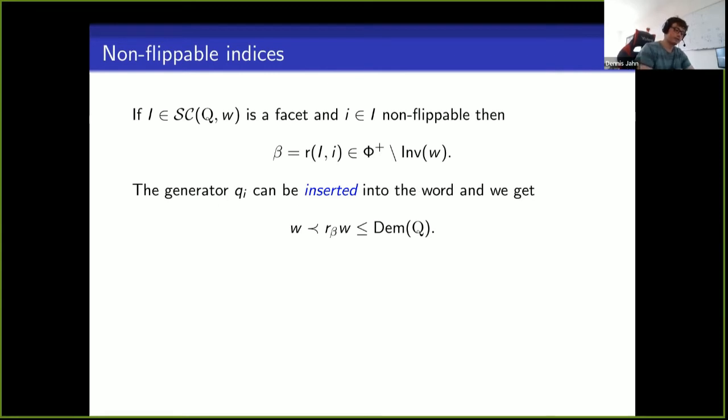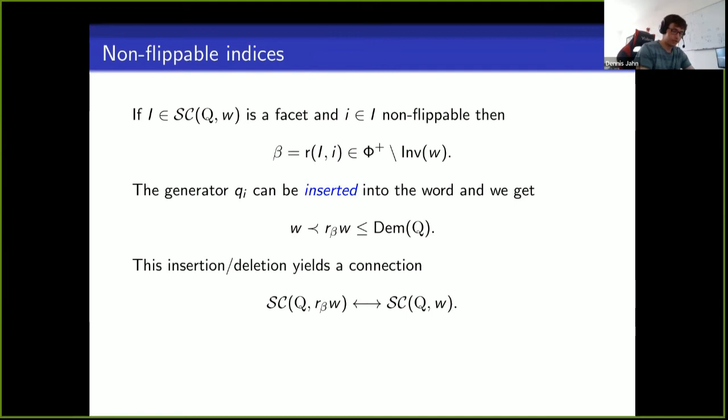So this is a very unusual situation, showing us that we can insert this generator that now corresponds to our facet into the reduced word of W and obtain a reduced word for an upper cover, in this case given by R beta W, where R beta is the reflection corresponding to beta.